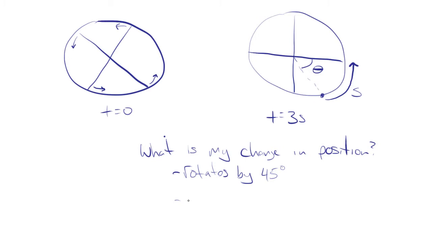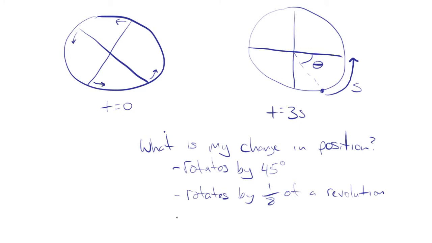I could also say that you rotate by 1/8 of a revolution. We're used to dealing with RPMs, revolutions per minute, in our day-to-day life, so we could say that it rotates by some fraction of a revolution.